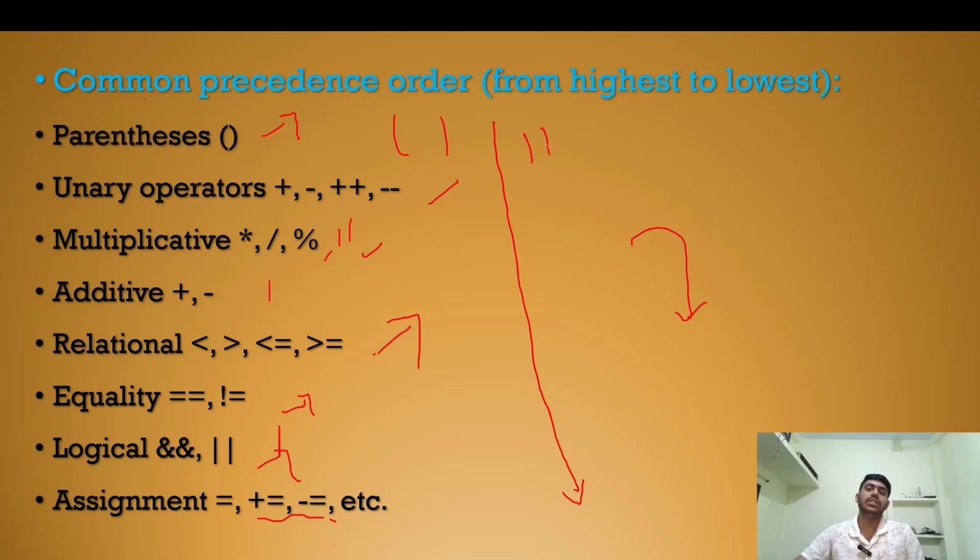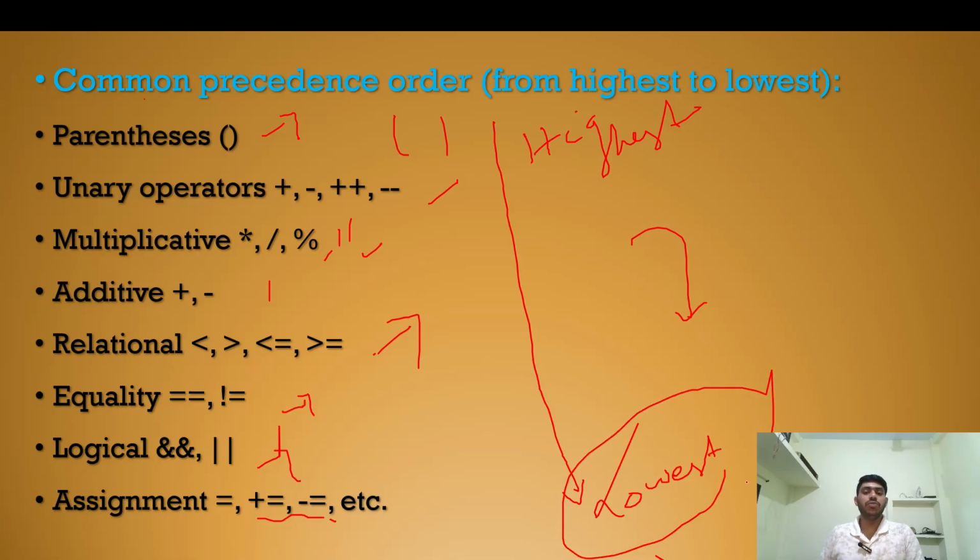This is the highest and this is the lowest. Is my point clear, everyone? How are we going to evaluate it?